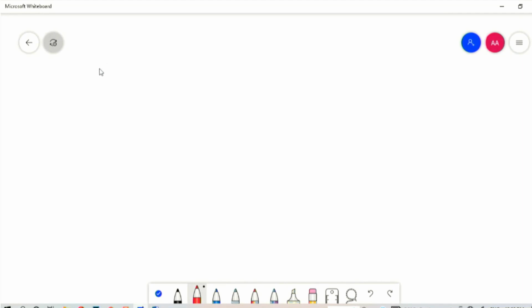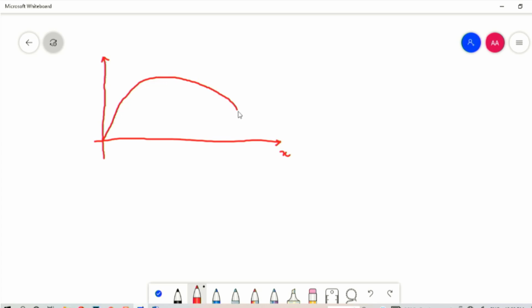Assuming we have a 2-dimensional axis, this is x and this is y. Then assuming a particle is kicked from the initial position, and this parabola describes the trajectory path of the motion.